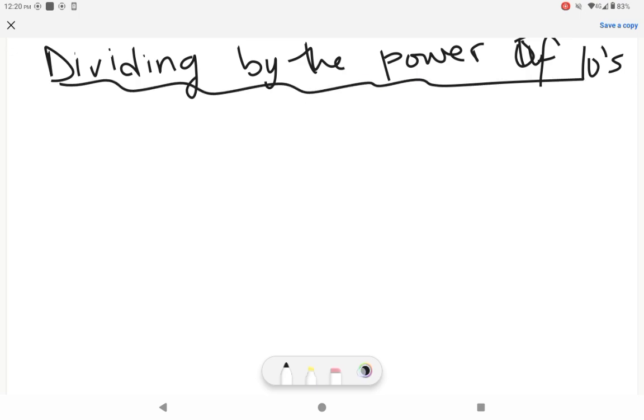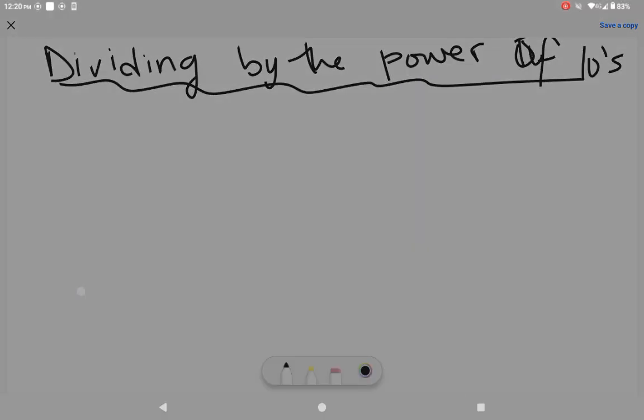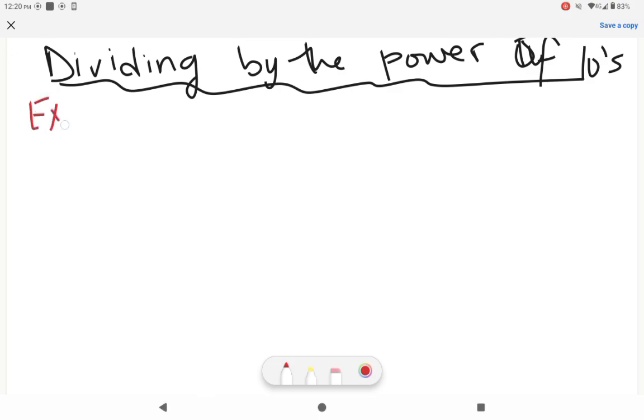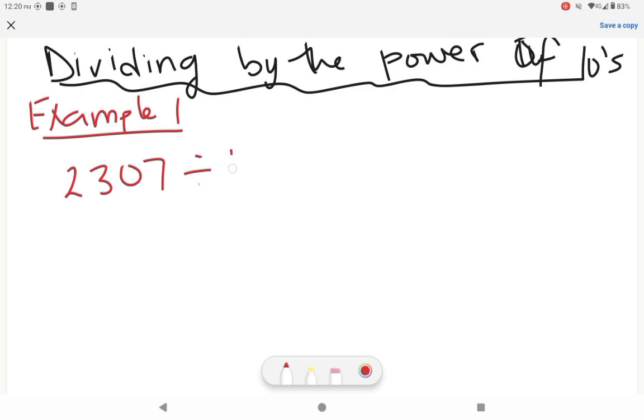Now let's take an example. All right, we have 2307 divided by 10. Let me explain this method.